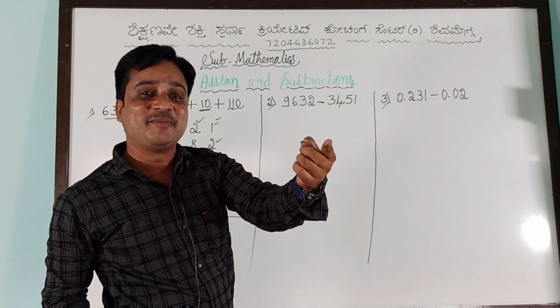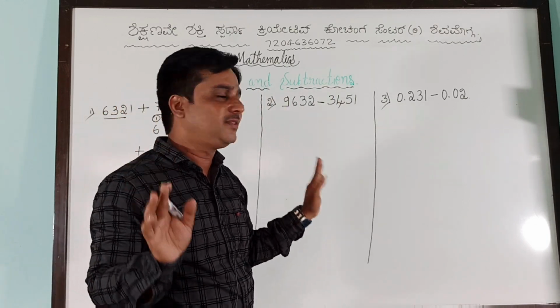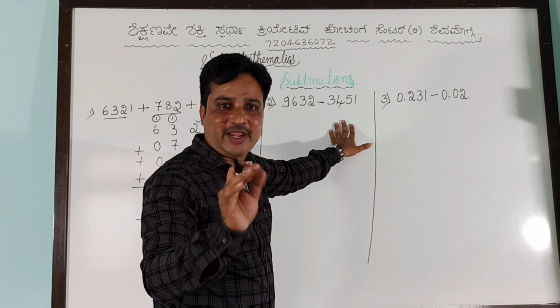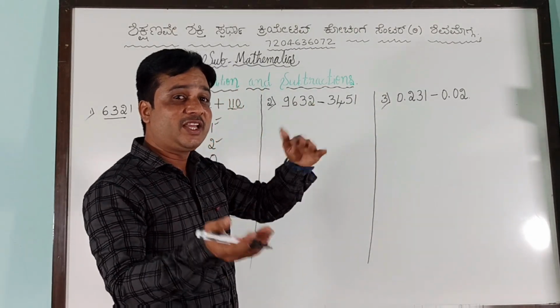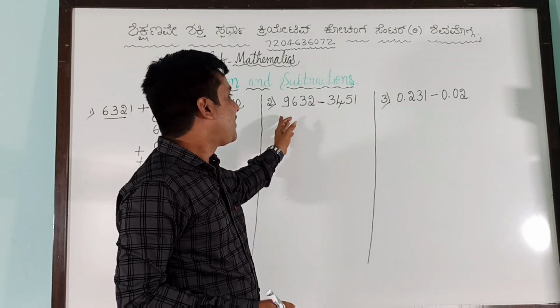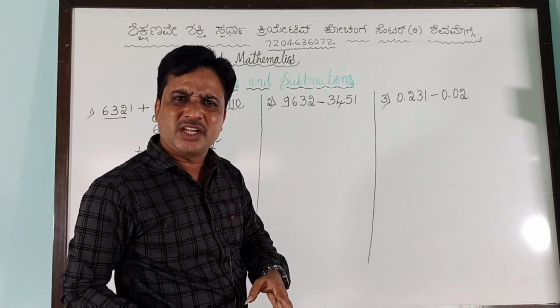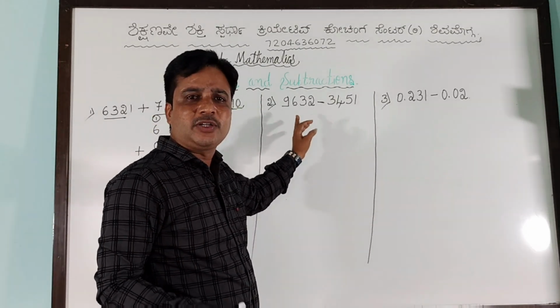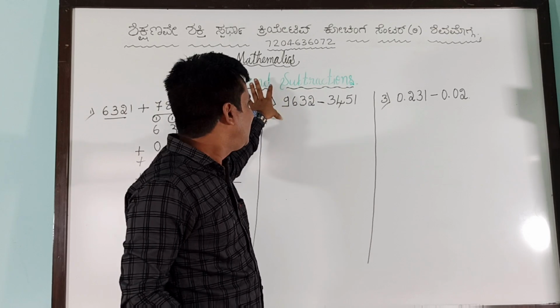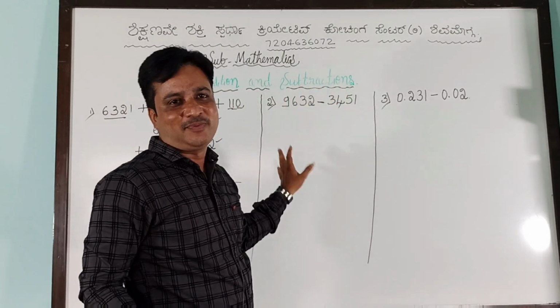It's very important. Sometimes they will give 'from', and if 'from' is given, many students get confused. We don't want to get confused here. If you want to do subtraction, first we write the greatest number, next the smallest number.